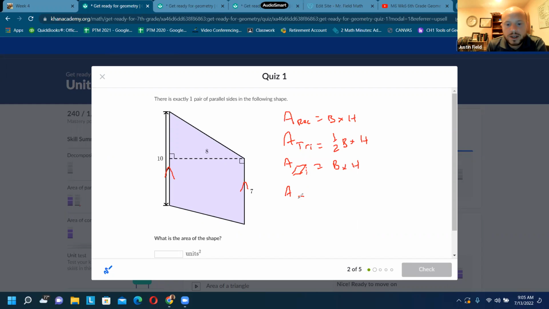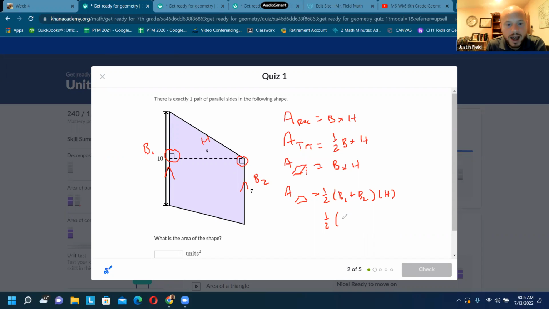And now the area of a trapezoid is 1/2 base 1 plus base 2 times height. Base 1 and base 2 are the parallel sides, and the height is the distance in between them using right angles.